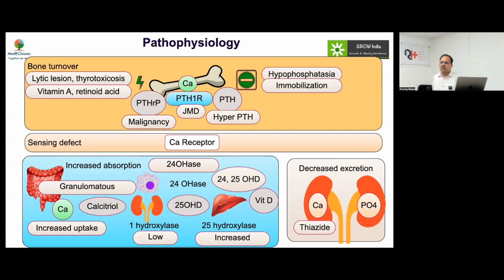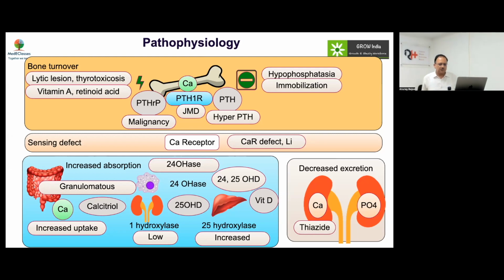Reduced renal excretion is a milder cause, because we discussed that it is the intestine and the bones which are the major regulator. Intestine is the chronic regulator and bones are the acute regulator of calcium levels. Kidneys are minor players. So in somebody who is predisposed to hypercalcemia, if you give them thiazide, they may develop hypercalcemia, but not on a routine basis.